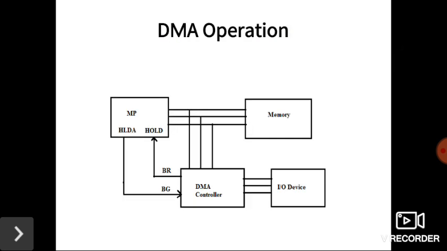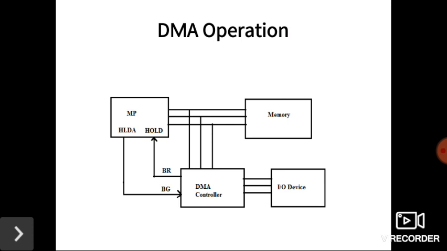First of all, we are going to see the DMA operation. Here we have four blocks: the microprocessor, MP, otherwise we can say it is the CPU, then the DMA controller, memory, then input-output devices. Some books mention these as peripheral devices.